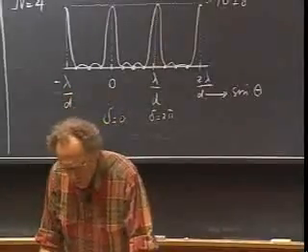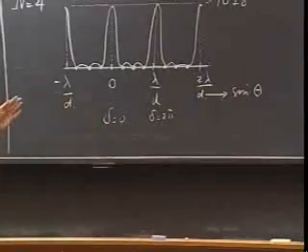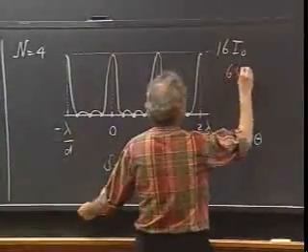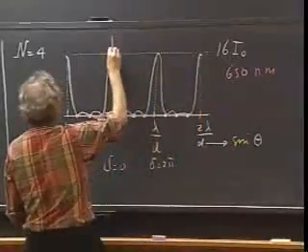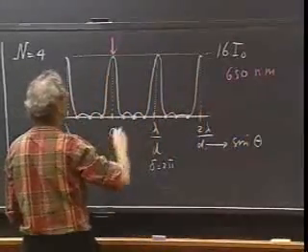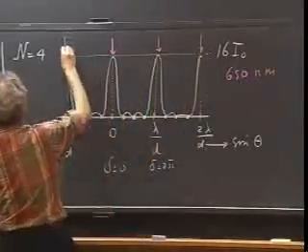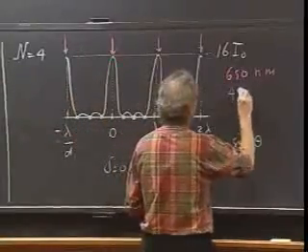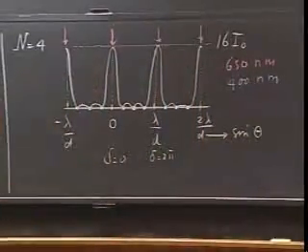I first want to draw your attention to the fact that there is a wavelength-dependent lambda. And what that means is that if you take 650 nanometers, which is red, the red would have a maximum here, here, here, and there. But if now you have 400 nanometers, which is violet light, it would have a maximum at different locations.